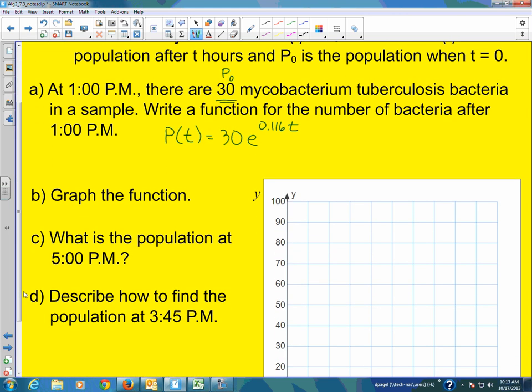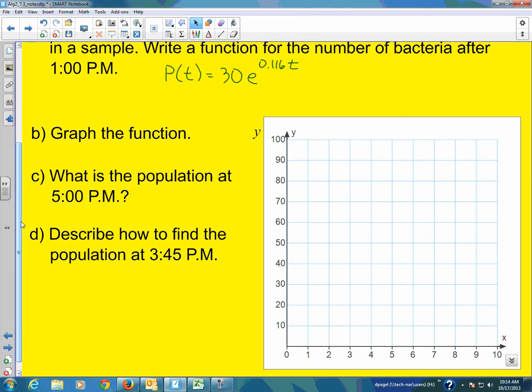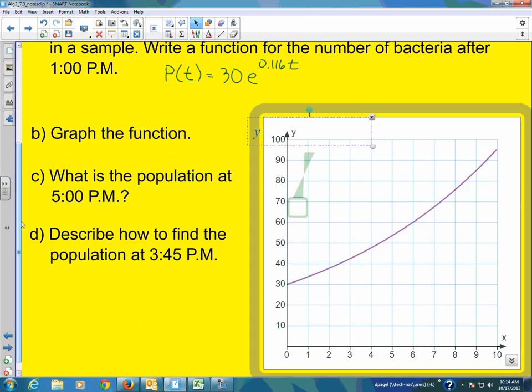Now, if we graph this, again, we've got a stretch factor vertically of 30. I've got an r value of 0.116. So if I put in my critical points for this table, I would get a graph that's going to look something like that.